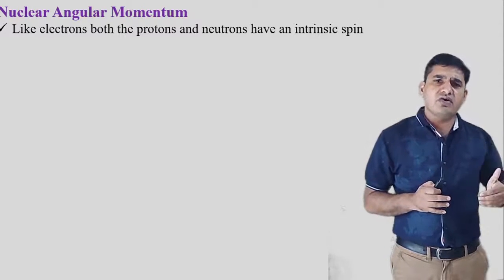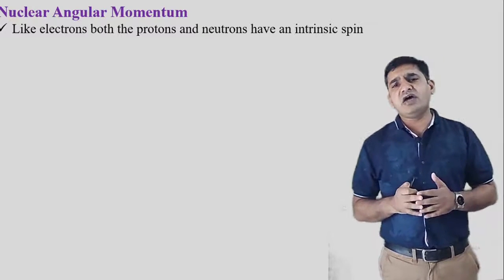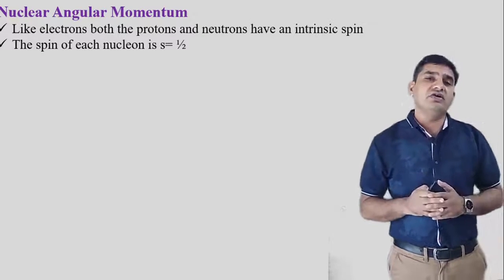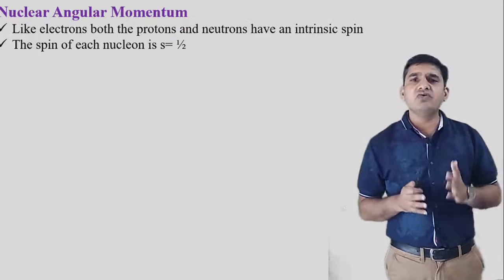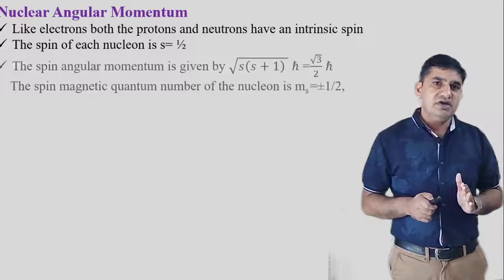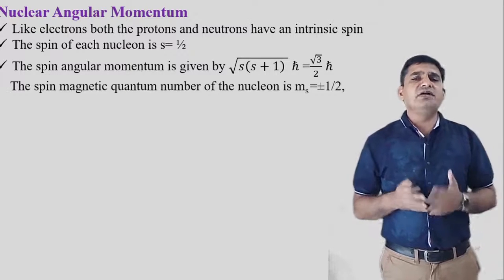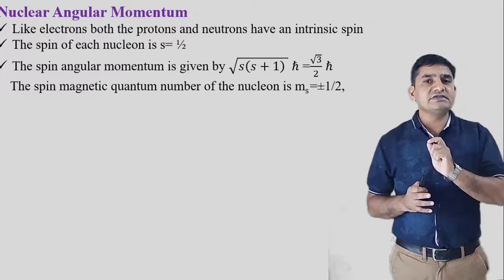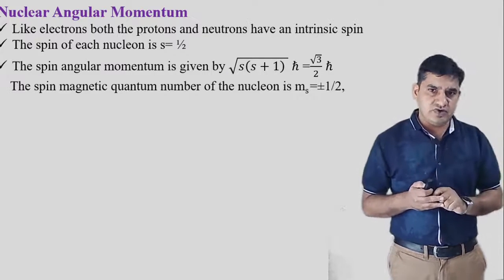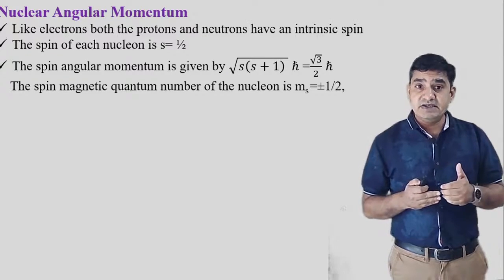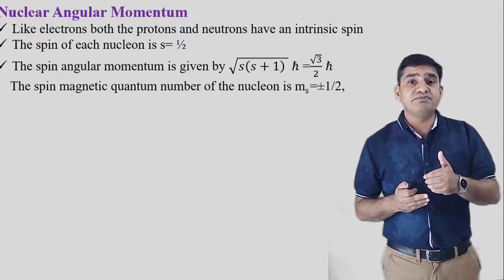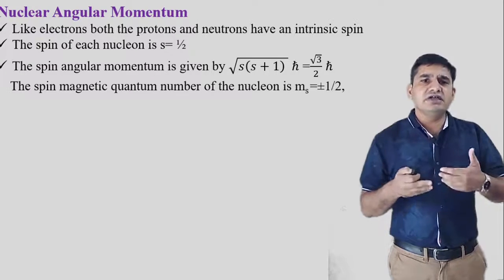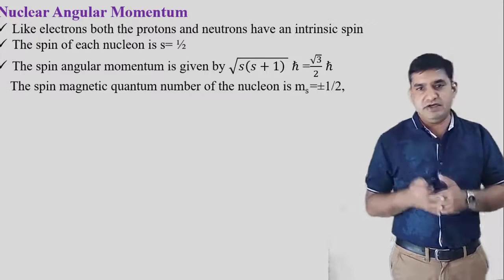Similarly, like the electron, both the protons and neutrons have intrinsic spin, and the spin of each nucleon can be represented as S equal to half, that is a half spin. The spin angular momentum is given by under root of S(S+1) h cross, where S is a spin, that is a spin angular momentum.